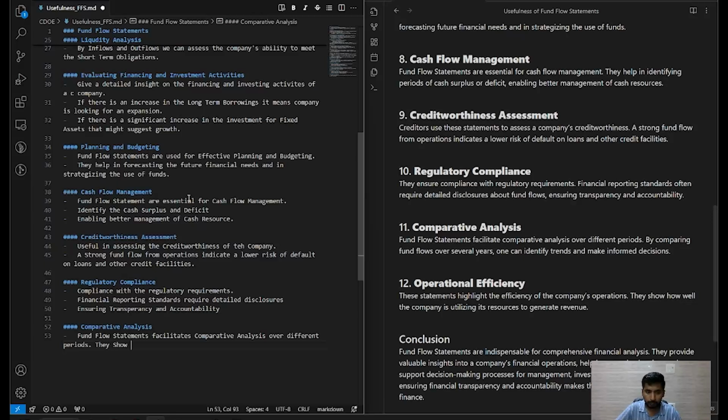They show how well the company is utilizing its resources. With comparative analysis, you can identify trends and make informed decisions over the years by comparison.